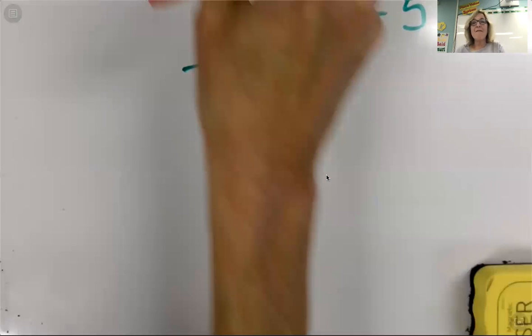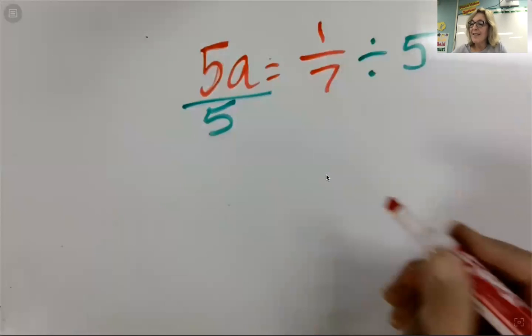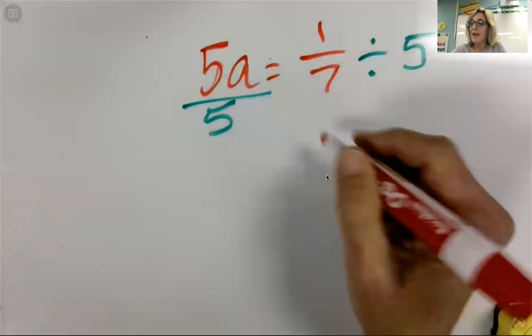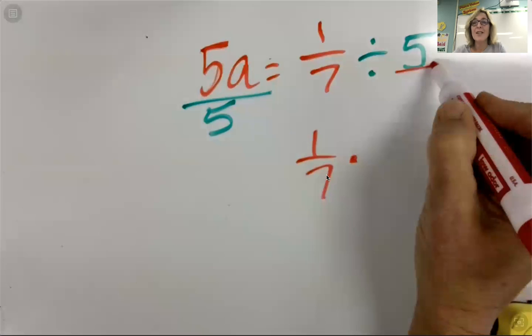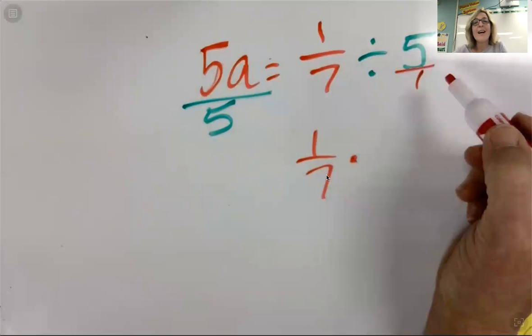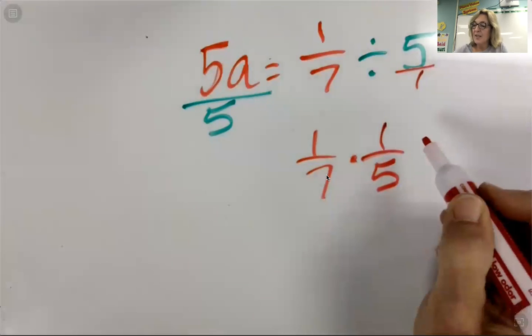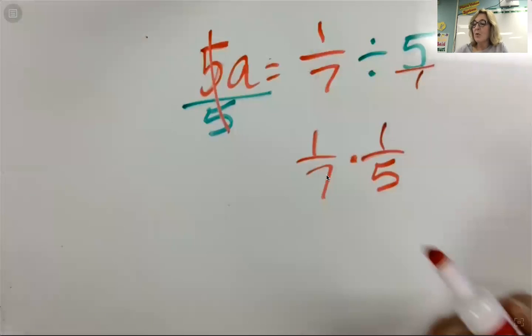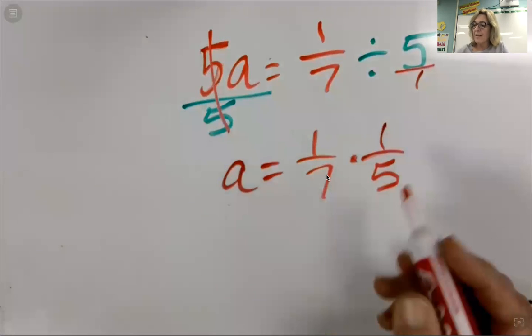1/7 divided by 5 is the same as saying 1/7 times the reciprocal of 5. If you want to think of 5 as a fraction, it's 5 over 1. So the reciprocal would be 1 over 5. So now we already made this, this is just A. We have A is equal to 1/7 times 1/5, which means A is equal to 1/35.